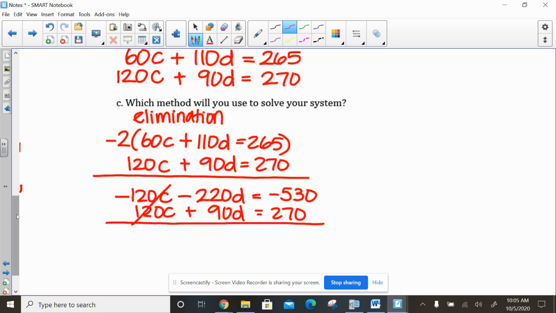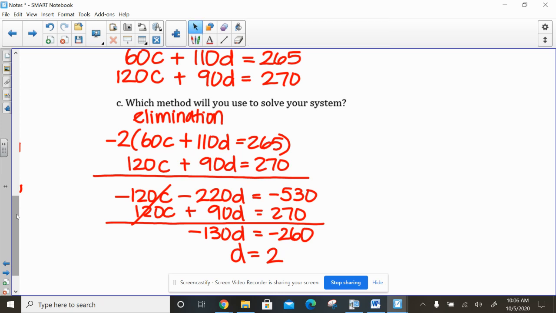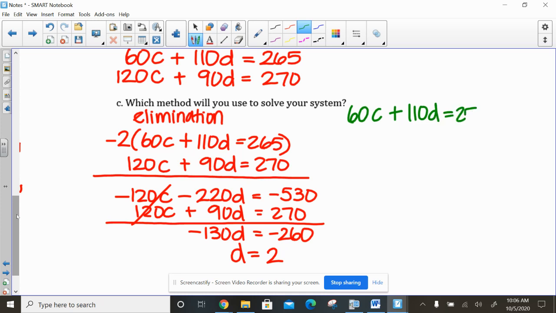Negative 220 plus 90 is negative 130D. Negative 530 plus 270 is negative 260. And then if I divide by negative 130, it gives me that my drinks are $2. Now if I know that my drinks are $2, I take either equation and plug it back in. I'm going to take the top. 60C plus 110D equals 265.